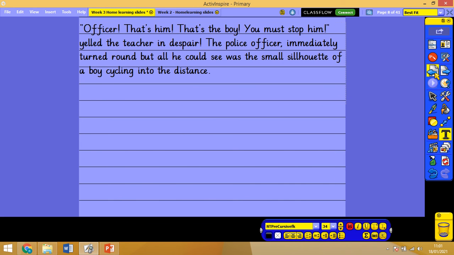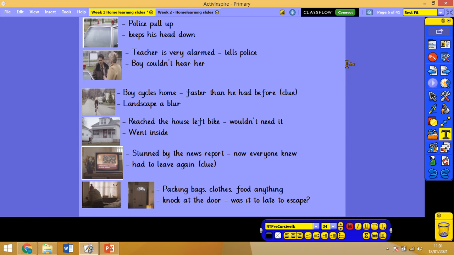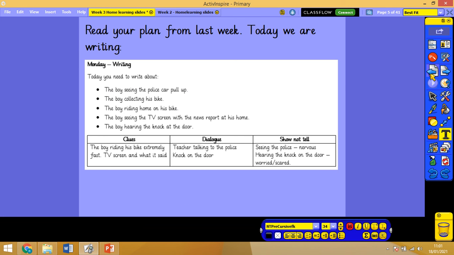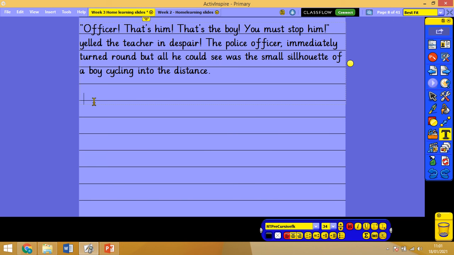Right, so at this point we're going to look at the boy cycling home faster than he had done before, and about the landscape being a blur. So about this clue here, dropping it in, about how he rides really, really quickly.